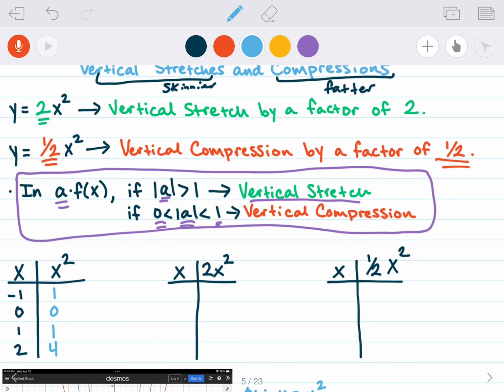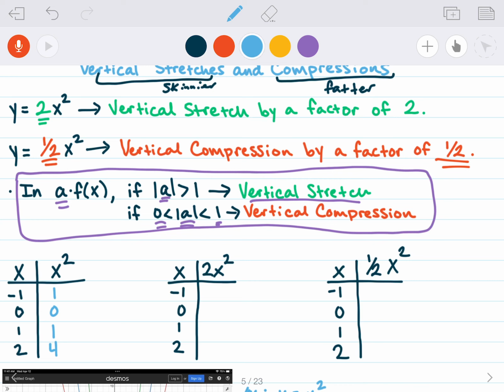So the inputs aren't affected. In both of these tables, our x's, our input, should be exactly the same as the parent function. The only thing that's going to change is our output: we're taking the output of the parent function and multiplying it by the stretch or compression factor.